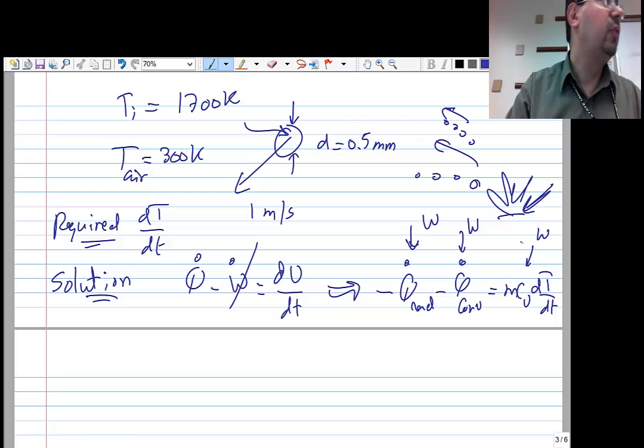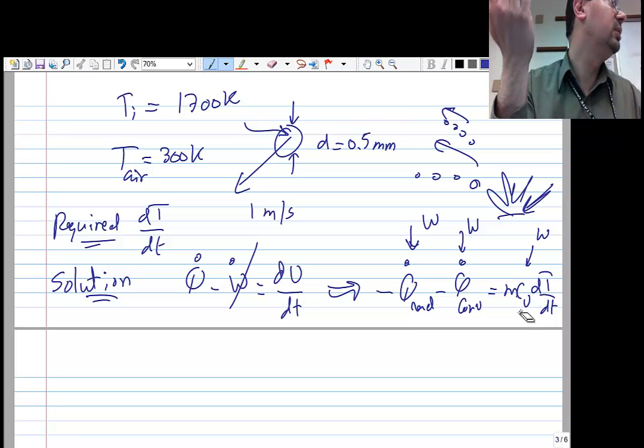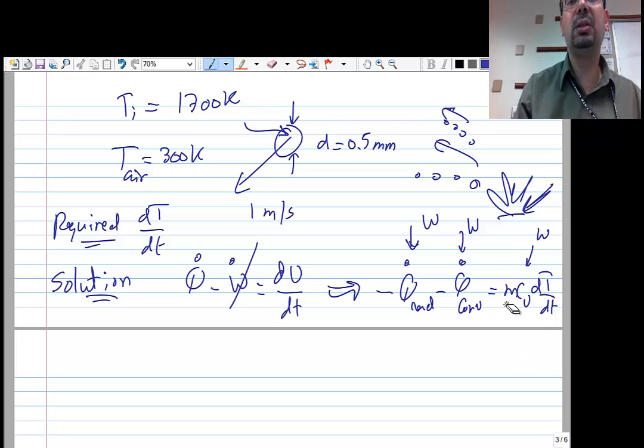Right? If this one is making me lose 1000 watts and this one is making me lose 200 watts, then the internal energy is going to drop by 1200 watts, 1200 joules per second. That will show up not as a loss of mass or a loss of CV, but as a loss of temperature.